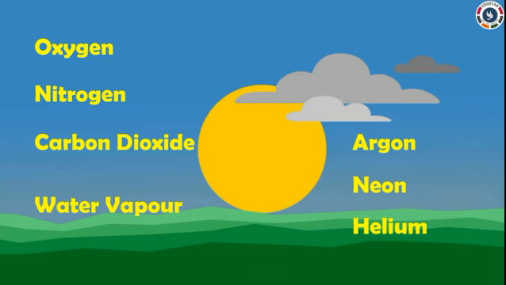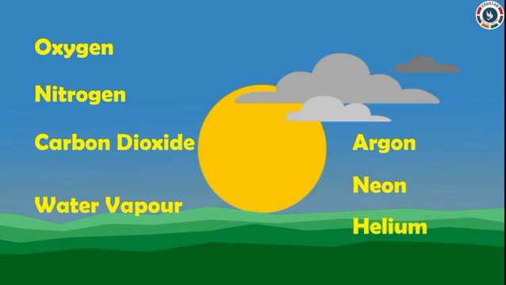We have learnt about all the gases present in the air except water vapor. Now, shall we see about water vapor? What is water vapor? Dear children, already you have learnt about water vapor in your lower classes itself, isn't it?